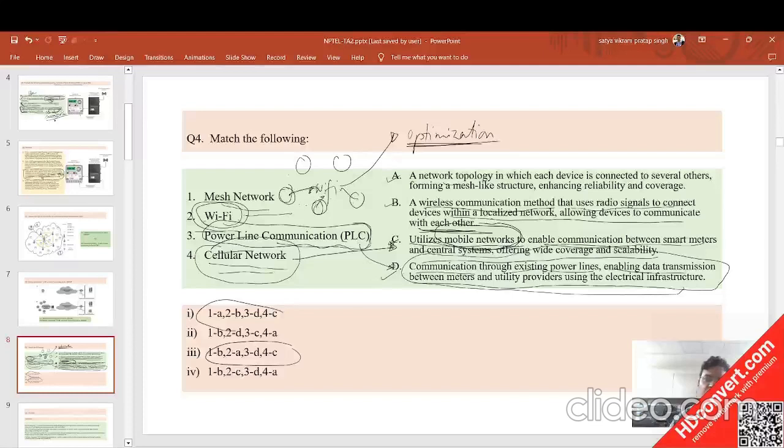It means that it is a localized network at a particular place. And the mesh network is actually shown in the question itself, a mesh-like structure. So the first is A, the second is B, the third is, that is, the first is correct. Okay, so this is the answer part.